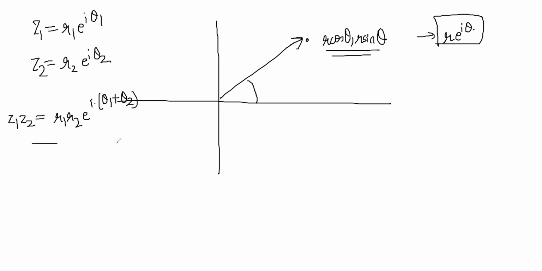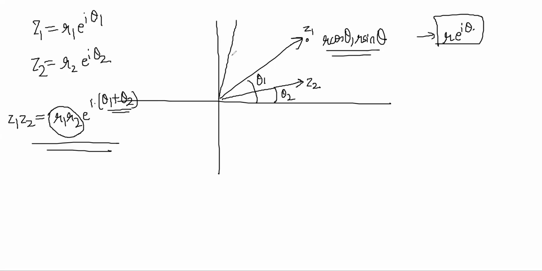And you can see that multiplication is a rotation. If you had two angles, this was theta 1, this was theta 2, and two complex numbers Z1 and Z2, notice that when you multiply, the final complex number has this real part, and this is the angle it makes. The final complex number will be at an angle which is the addition of the two angles.